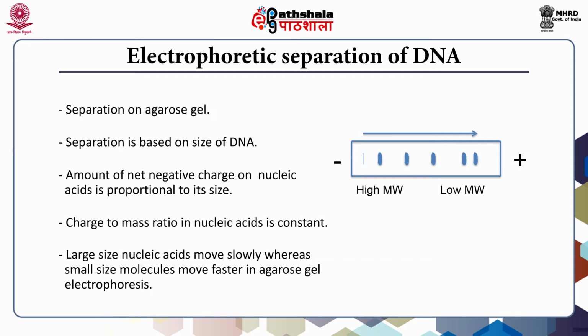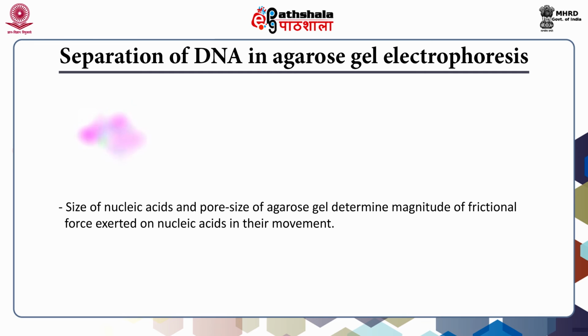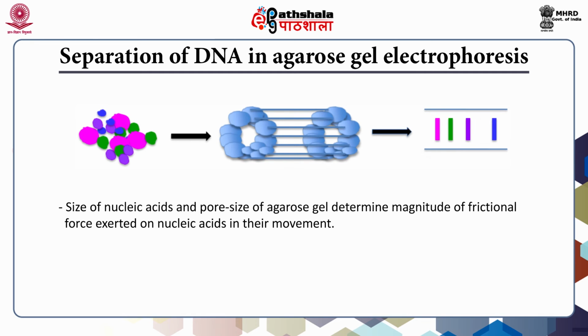Large size nucleic acids move slowly, whereas the small size nucleic acids move faster in agarose gel electrophoresis. Size of nucleic acid and size of pore in agarose gel determine the magnitude of frictional force exerted on nucleic acid in their movement. This situation is similar to SDS-PAGE.